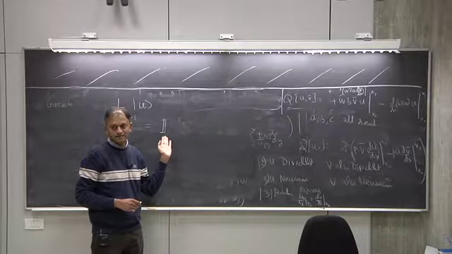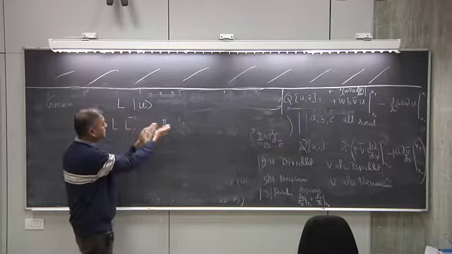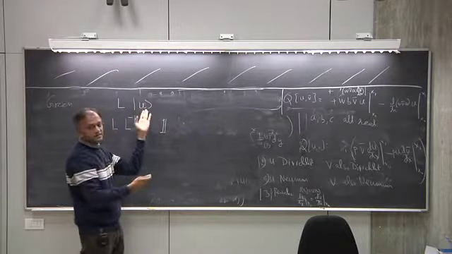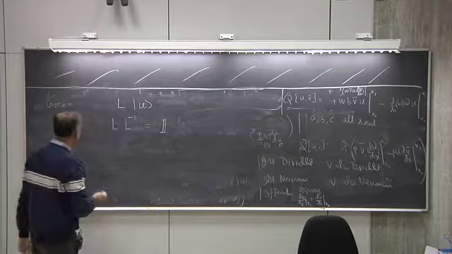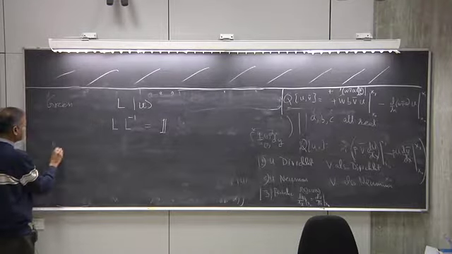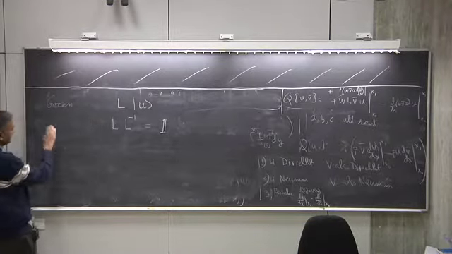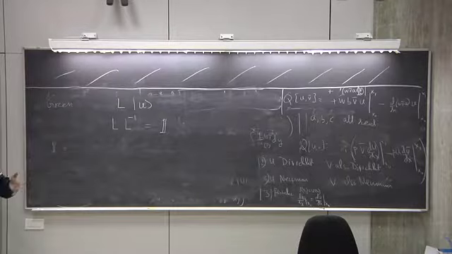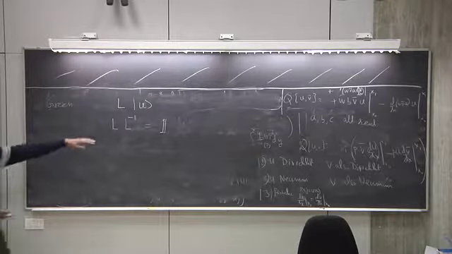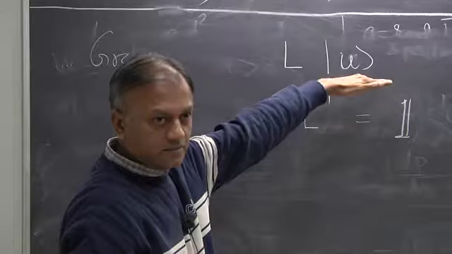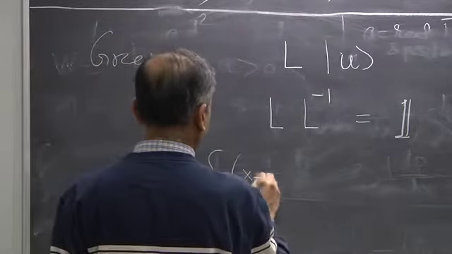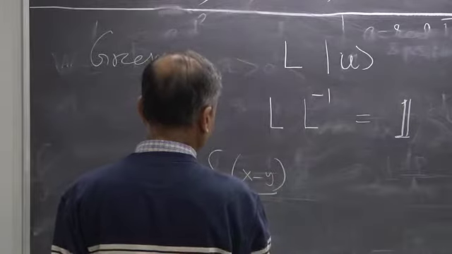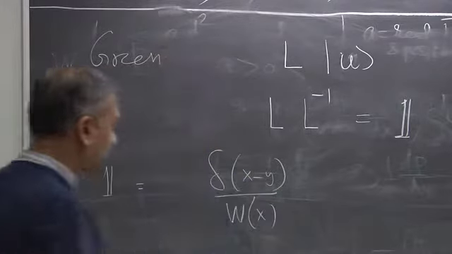If it acts on any state, this identity operator should just give you back the same state. So what could it be? I would think of the identity operator as represented by a function. This is the abstract notation, but now we represent it as a function. I will just write it as delta of x minus y divided by w.